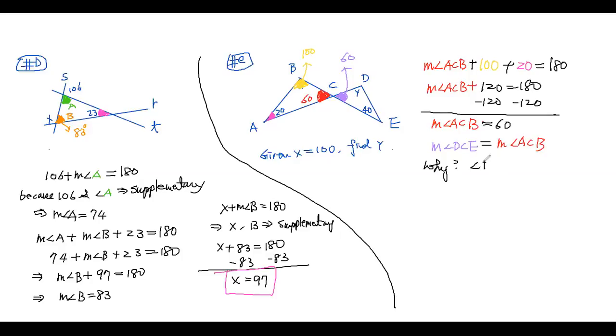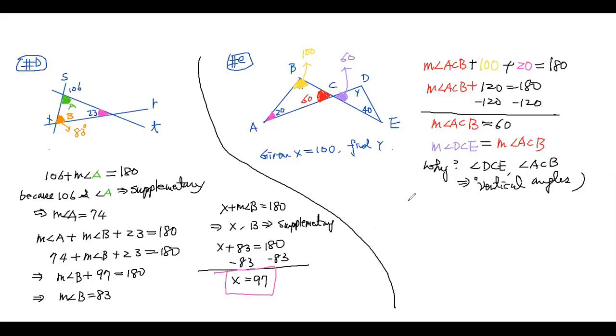Because angle DCE and angle ACB, they are what type of angle? They are vertical angles. So the vertical angles will be equal, right? So that's why I got this purple one. That's a light purple blue kind.